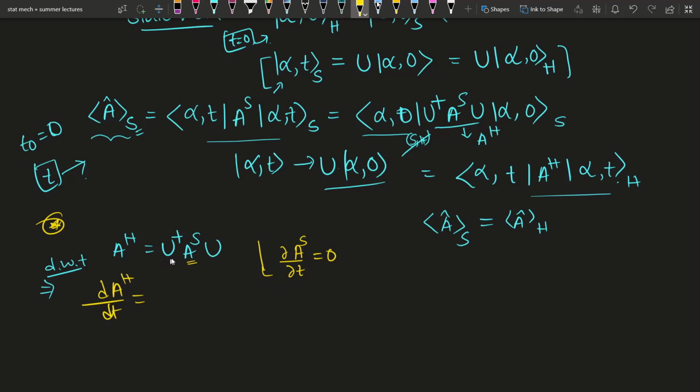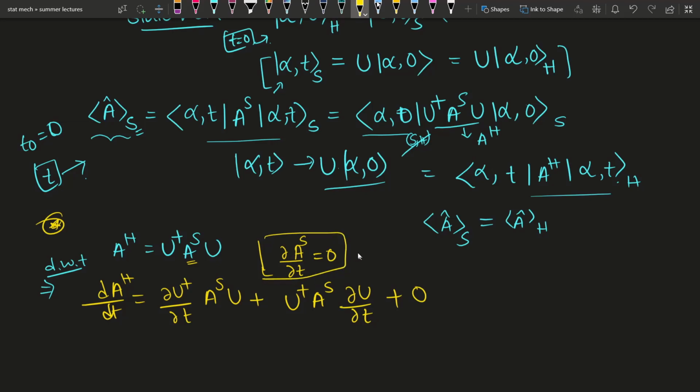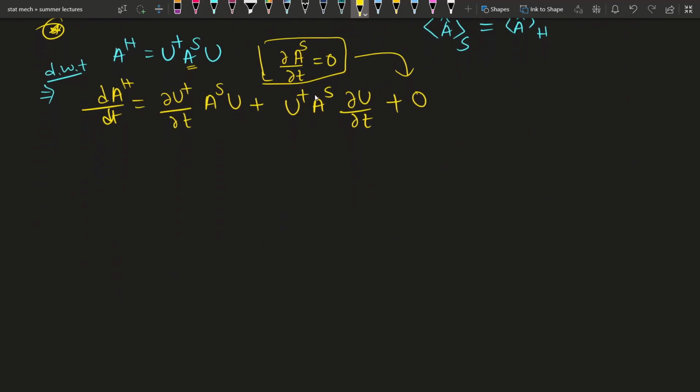You have to first take the derivative of this, like del U dagger over del t, keeping these two things constant, then U dagger A, keeping these two things constant, and then the derivative of this thing. The third term will not be there because we have assumed this, so the third term will be 0.